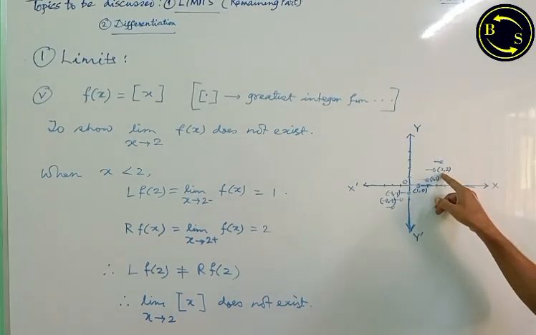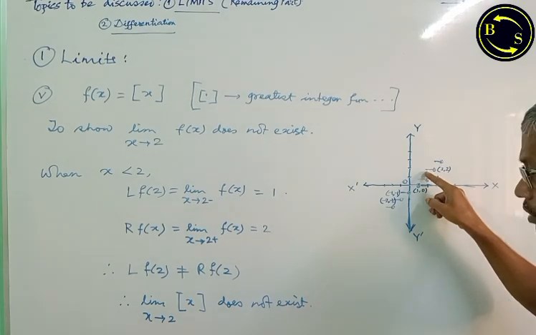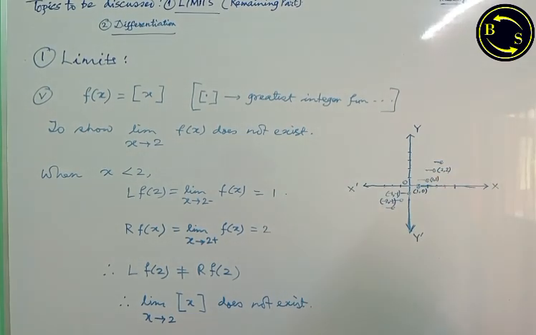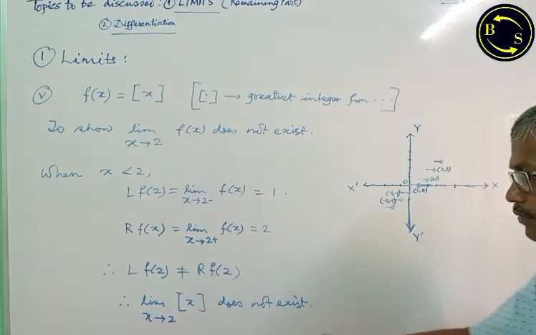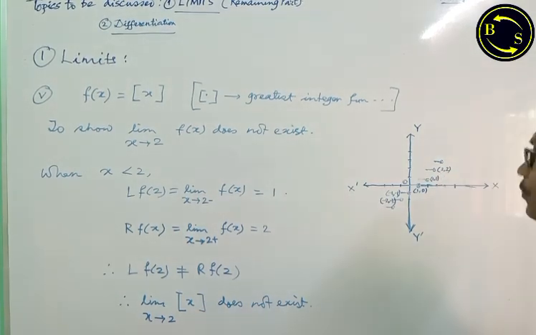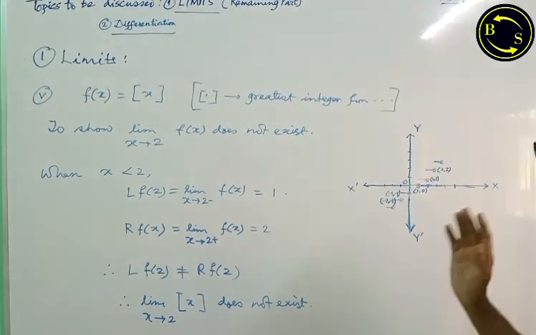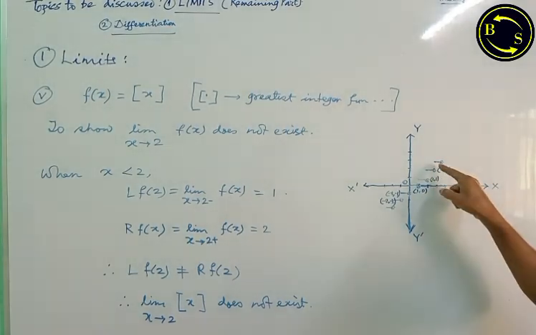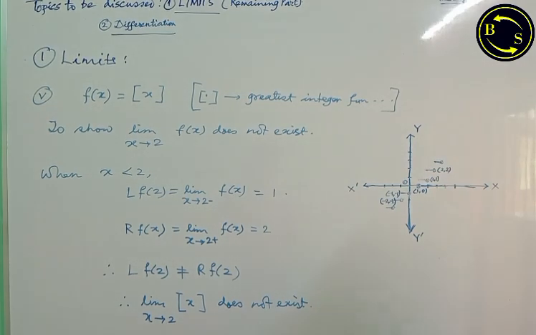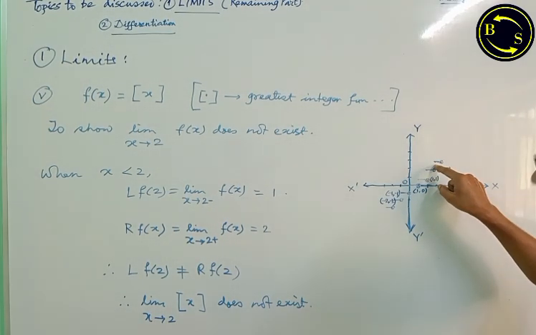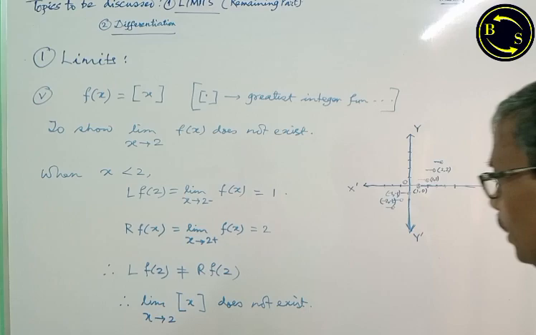When it is just greater than 2, then this segment is the graph of this box function, and when it is 3 or greater than 3, then this is the graphical form of box x.